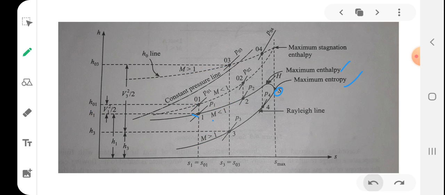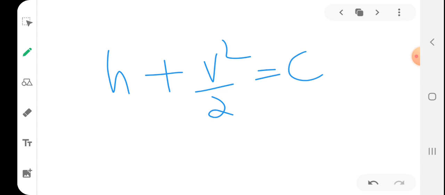So why this anomaly or this variation comes, because here heat addition is there. Normally we write the energy equation H plus V square by 2 is constant, but now it is not valid. Why?